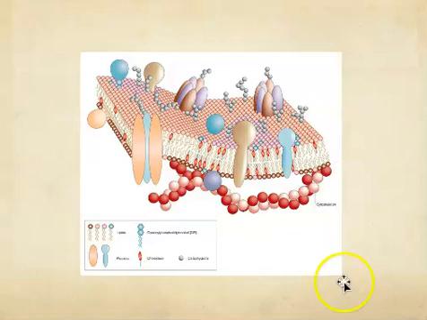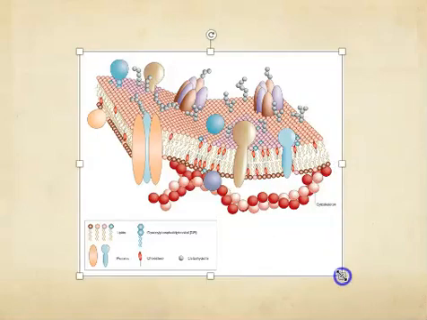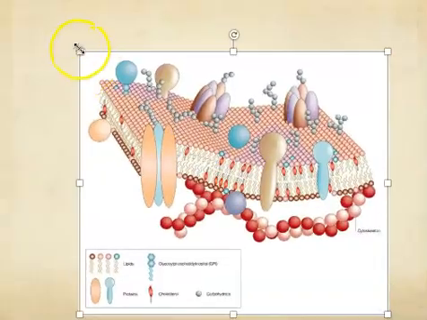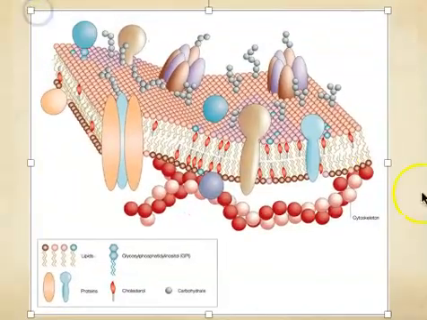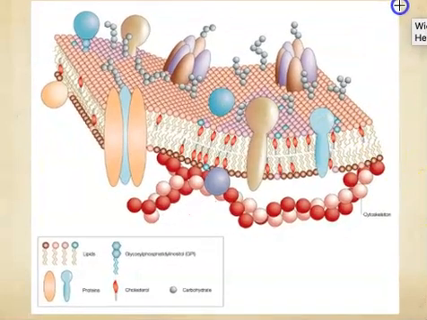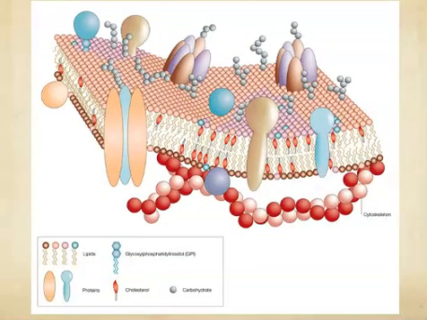On this slide, you can see another drawing of a little piece of a membrane. I like this drawing because it includes some of the things that we've been talking about today regarding the variety of structure in a membrane. So as usual, we have two monolayers that have come together to make a bilayer. We can imagine that this is the outside of the cell and this is the inside of the cell.